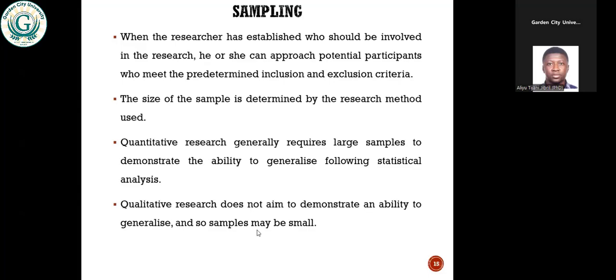So that means at every 10th interval, you will be choosing a subject. So if the first random number that was selected was 17, then your next subject is going to be what? 27, 37, and so on and so forth until you get to the 200th selected participant.